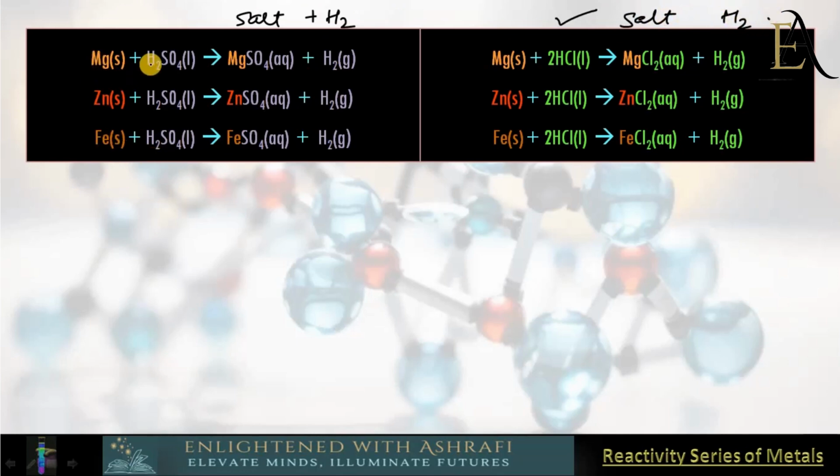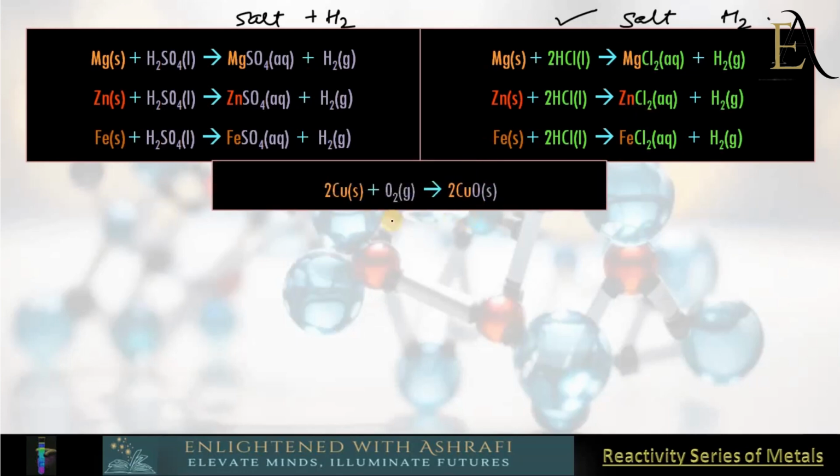So magnesium reacting with dilute sulfuric acid will give magnesium sulfate plus hydrogen. Similarly, zinc and iron will give zinc sulfate and iron sulfate respectively. Magnesium reacts with dilute HCl to give magnesium chloride, a salt, and hydrogen. Similarly, zinc will give zinc chloride and iron will give iron chloride.